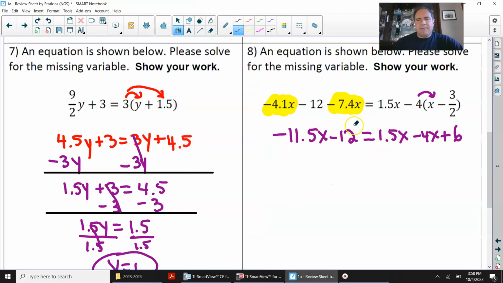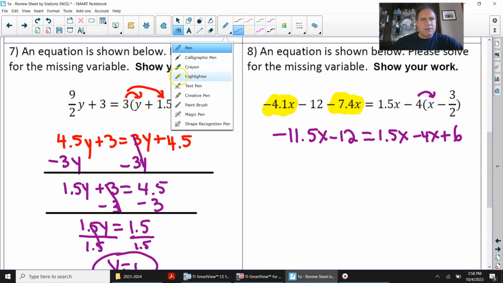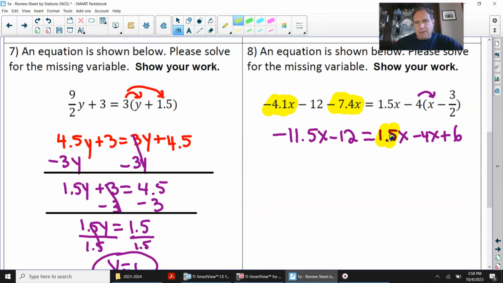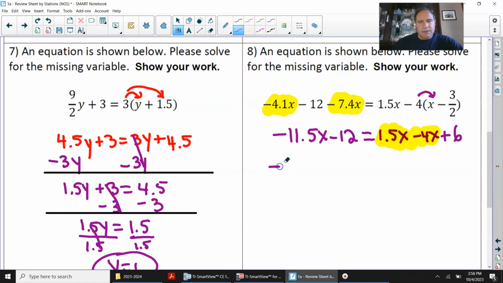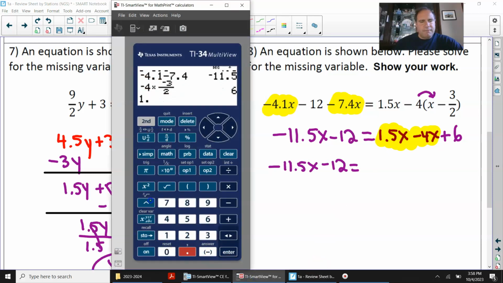Now we have these 2 like terms on the right side. So I'm going to go negative 11.5x minus 12 equals, and this is now 1.5 minus 4, and it's negative 2.5x plus 6.